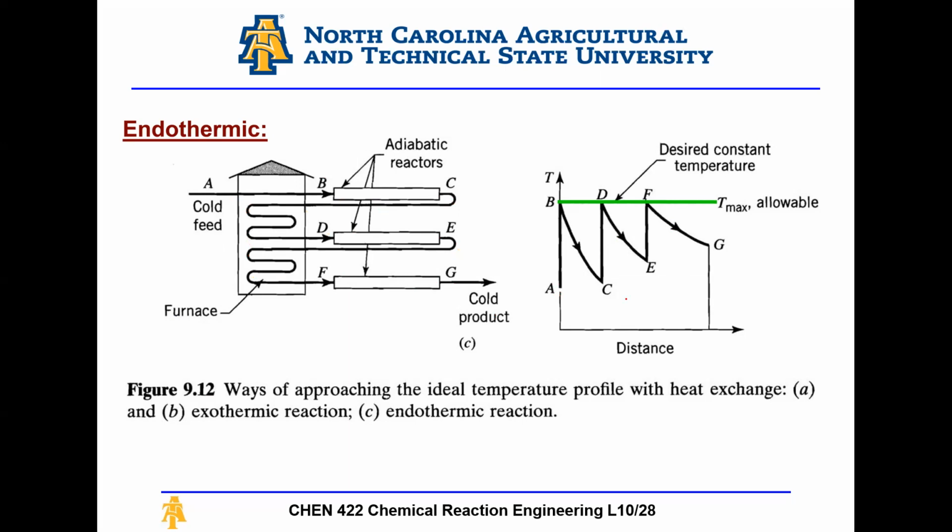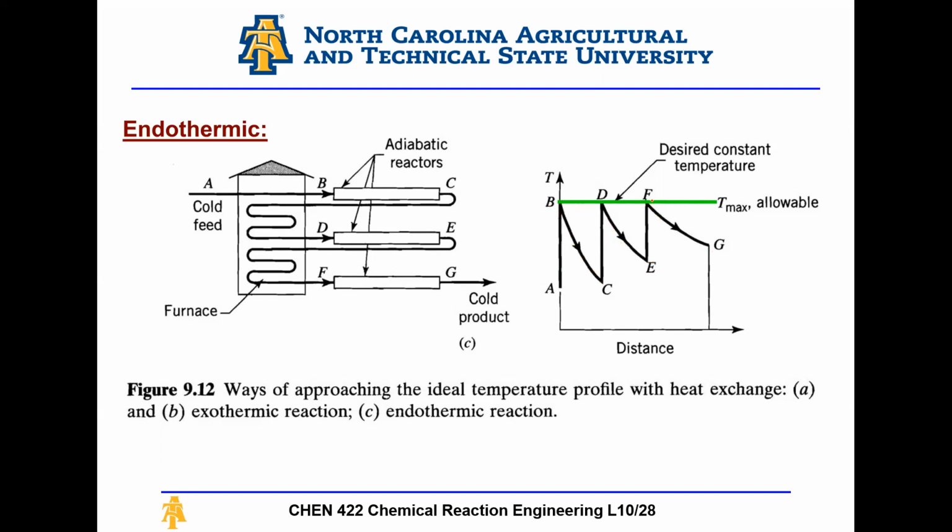So if I look at the temperature versus length chart, A to B, I just push the feed to the highest possible temperature. Reaction happens, the temperature drops. I heat the feed again to the highest possible temperature. Reaction happens, the temperature drops. I heat the feed again to the maximum possible temperature. And then the reaction happens and the temperature drops because it's endothermic.